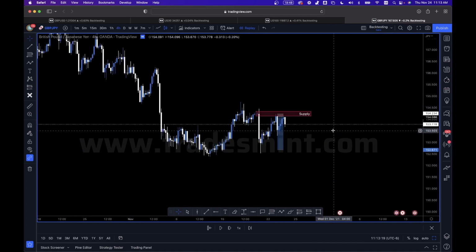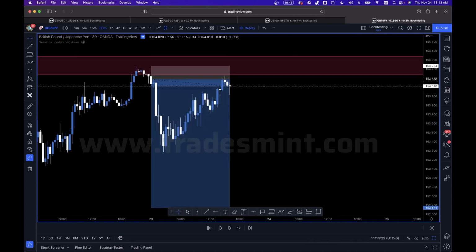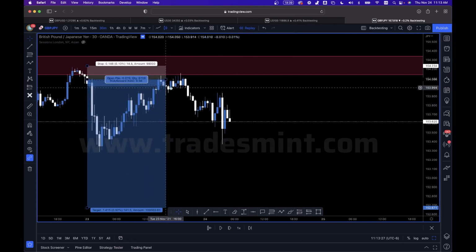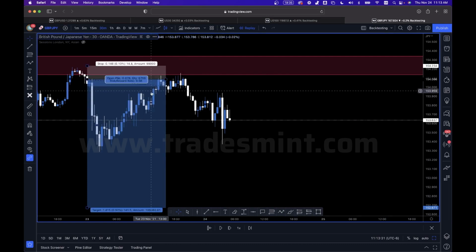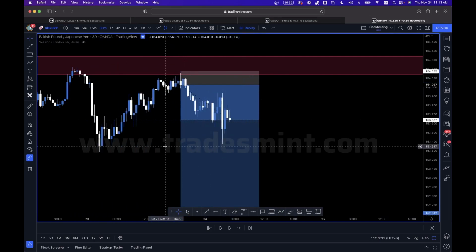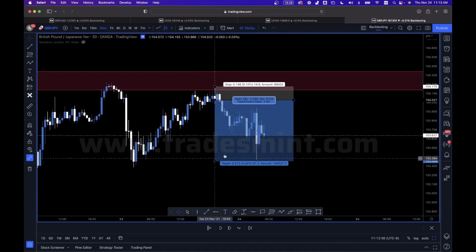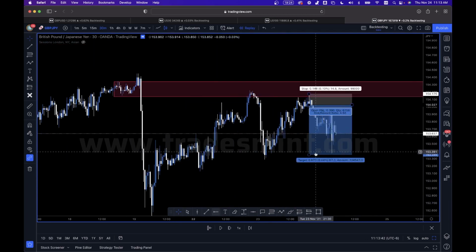Okay, so here we could have got another entry. We look at the 30-minute time frame here, tweezers, bearish engulfing. Okay, so we can get another entry here, and then we can just take profit this zone. Okay, 1 to 4. This is enough for us to make good money.